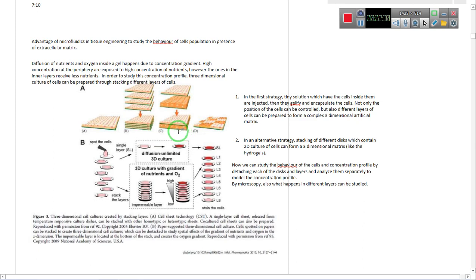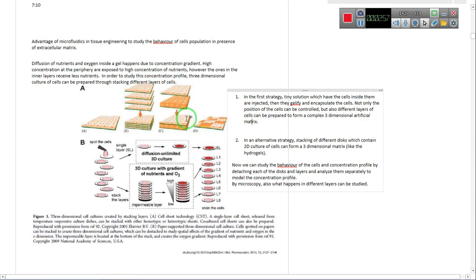In the first strategy, we can have substrates, and on them we can inject tiny solutions which contain the cells inside them, and we can culture the two-dimensional cells, and after that we put all these layers on each other to form the final three-dimensional artificial matrix.